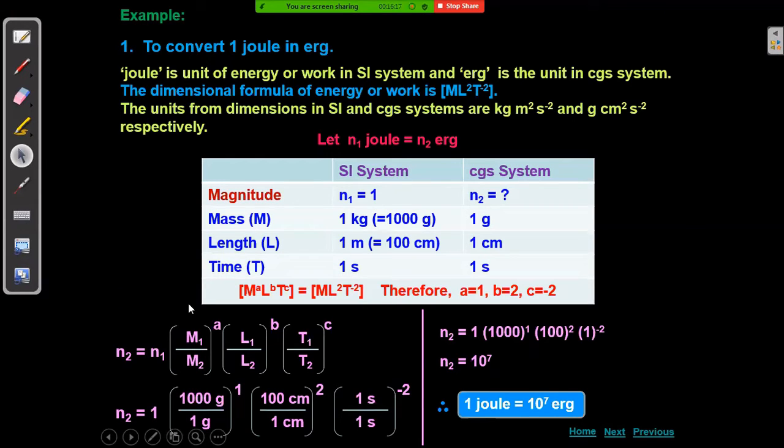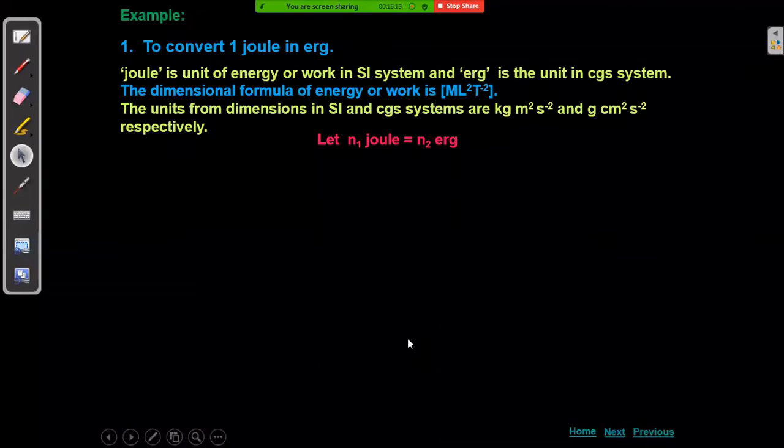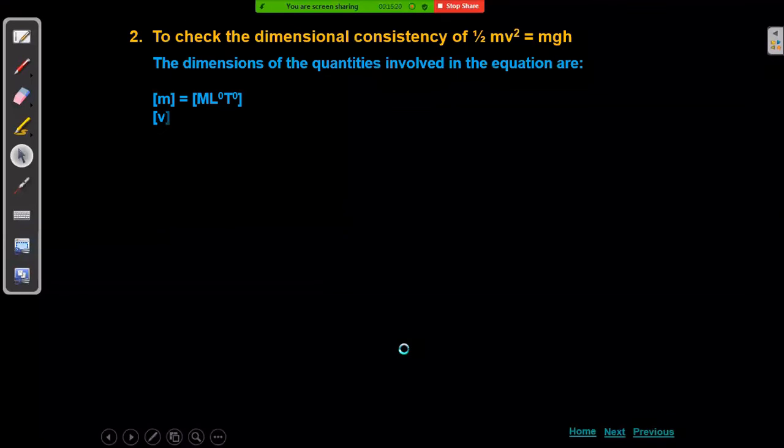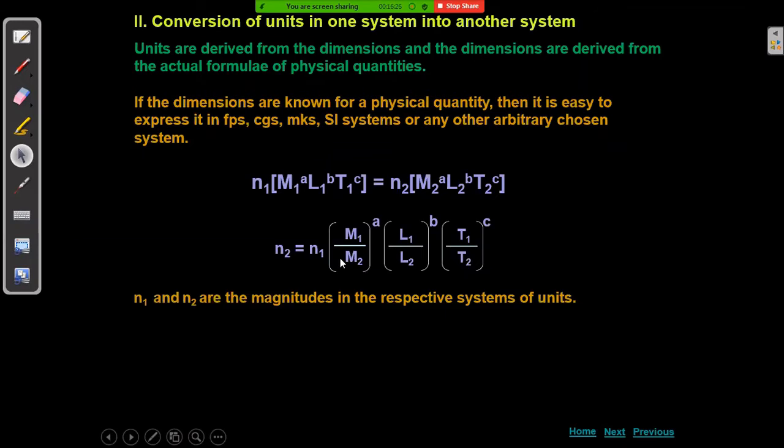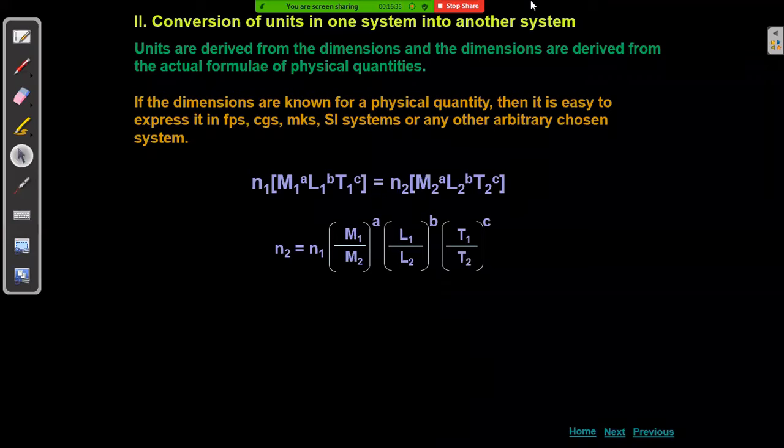If you don't remember this, you can easily go with this formula. This will be easy. If you can remember this, fine. N2 only we are writing. N2 will be smaller in magnitude, and that smaller magnitude one we want to find. The bigger unit we have written as 1.